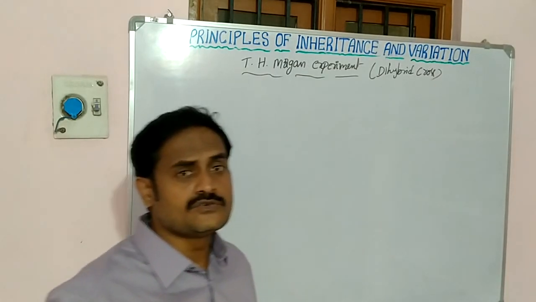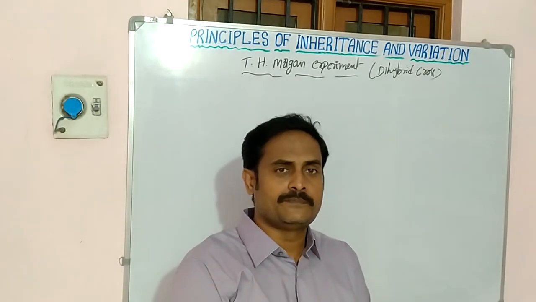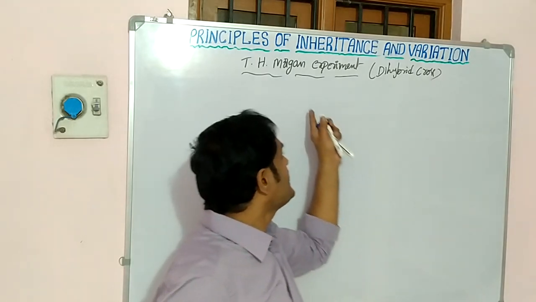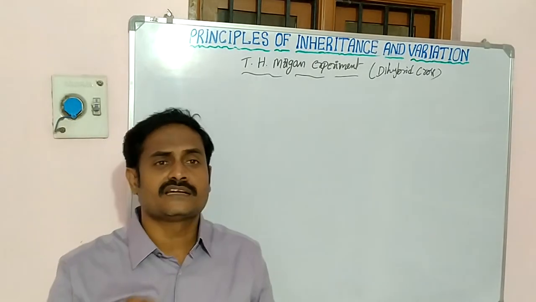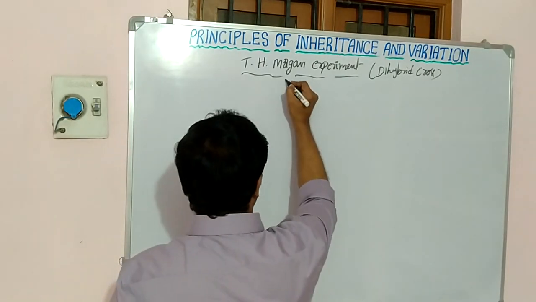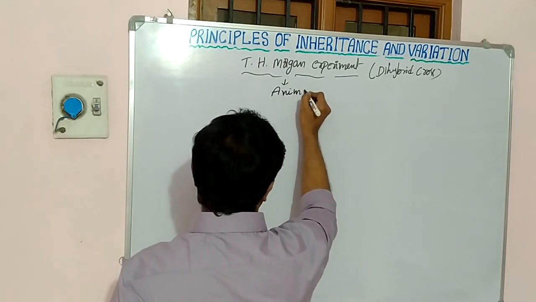But he did not choose plants. Mendel chose the pea plant for his experiments, but H. Morgan conducted his experiments on animals.